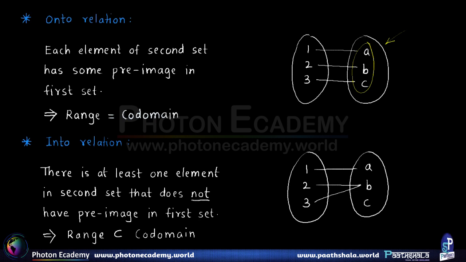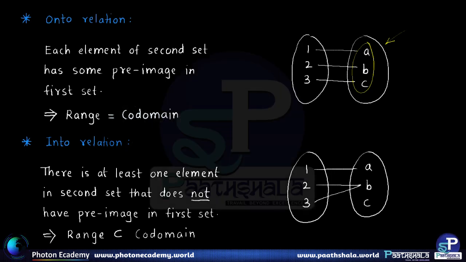Now in terms of the terminologies that we have already studied, this means that on-to relation is that in which range is equal to codomain. That is, range is same as the codomain of the relation. Now in case of into relation, there is at least one element in second set that does not have a pre-image in the first set.